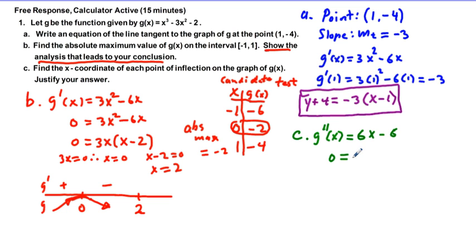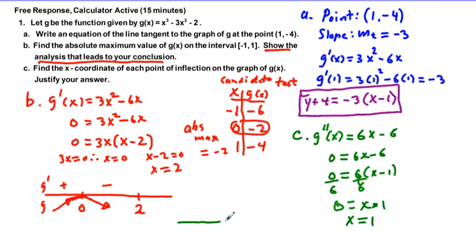So we put 0 equals 6x minus 6. And we can factor out a 6. So 6 times x minus 1. Divide by 6, divide by 6. We have 0 equals x minus 1. So solving for x, we have x equals 1. So x equals 1 is our possible point of inflection.